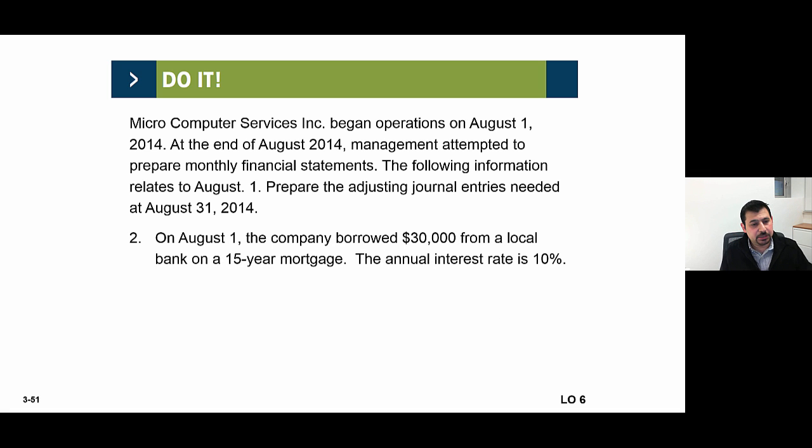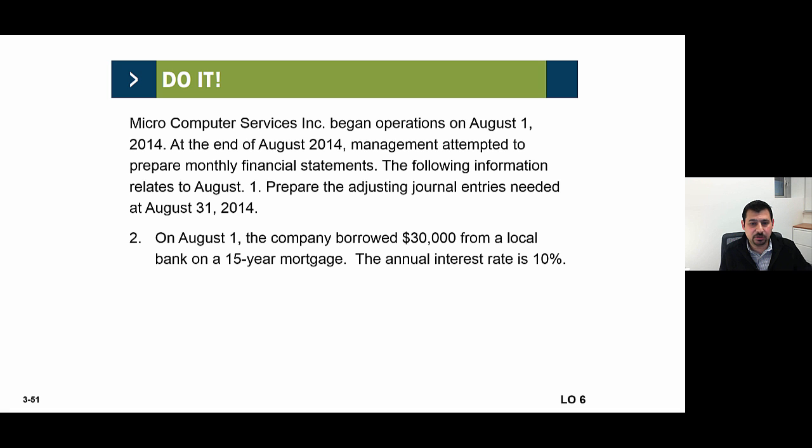The second adjusting entry that we need to make is to recognize the interest that has accrued. The company borrowed $30,000 from a local bank on a 15-year mortgage. The annual interest rate is 10%. Here again, you need to calculate the amount.